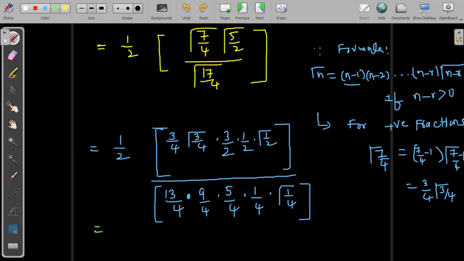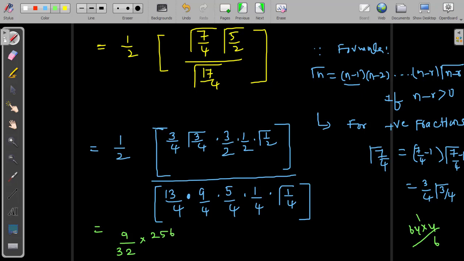So finally I can say 9 by 32 times, writing the gamma results separately. 4 power 4 I am writing in the numerator: 4 times 4 is 16, 16 times 4 is 64, times 4 is 256. So the result is multiplied by 256.